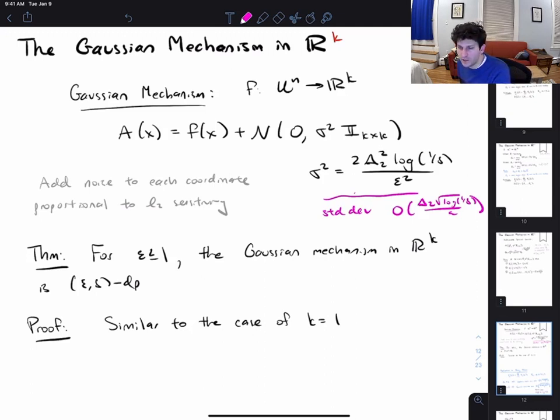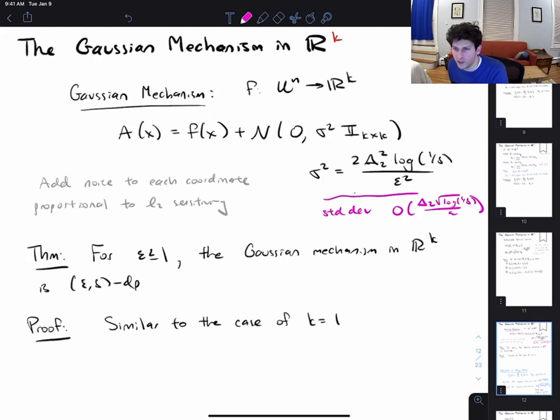The proof is a little bit technical, and it's detailed more closely in the notes, but what I want to indicate is it's really very similar to the case of k equals 1, which we studied in more detail with the univariate Gaussian. We'll use the same template. We can write out for a given y exactly what the ratio is of the probability that A(x) equals y to the probability that A(x') equals y.